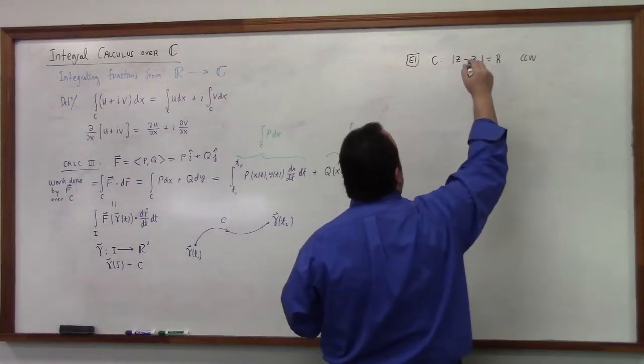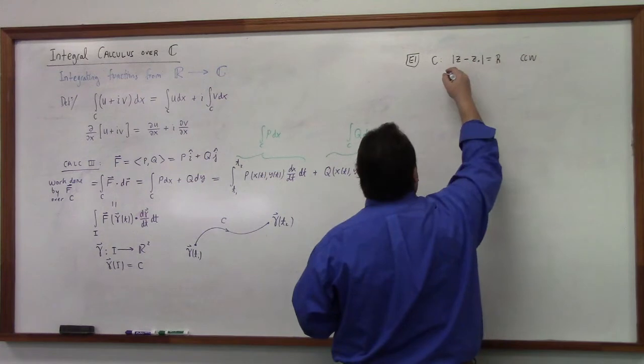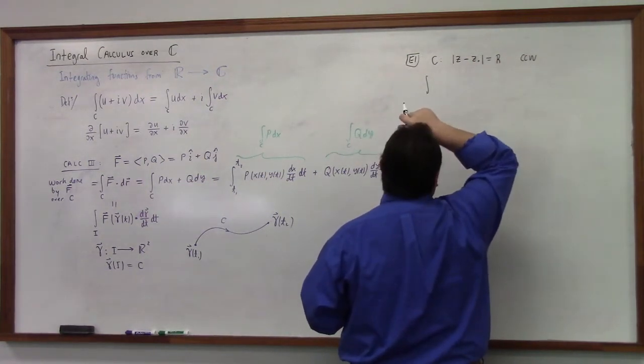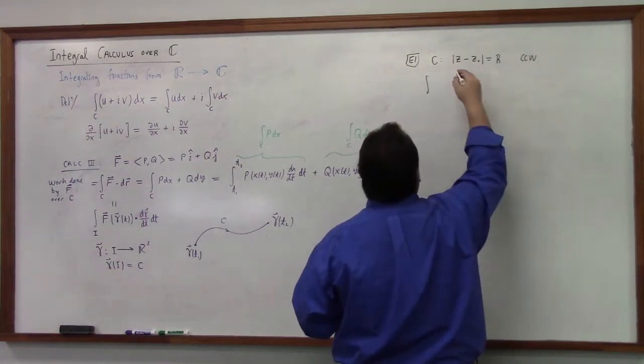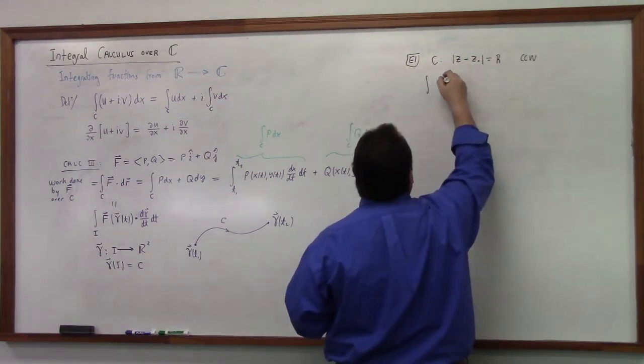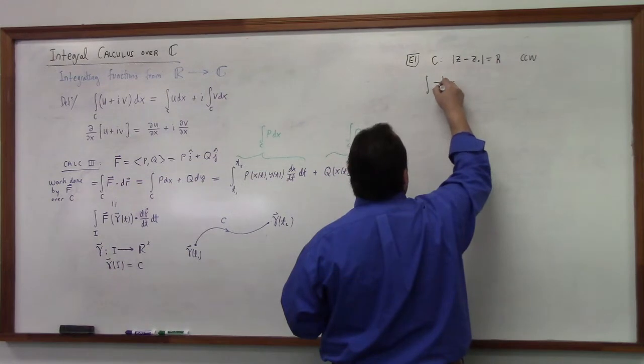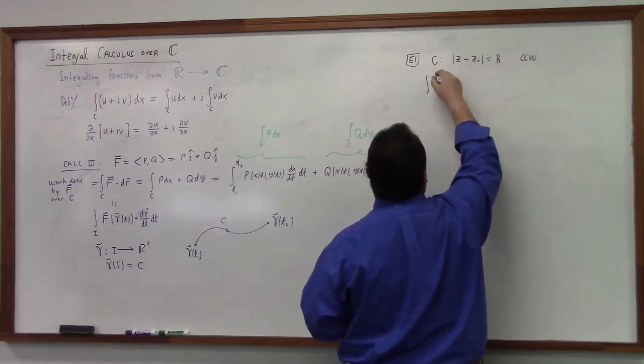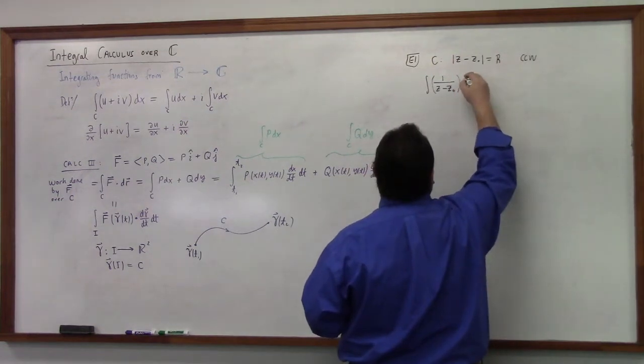And we're going to integrate, how about 1 over z minus z naught, times dz.